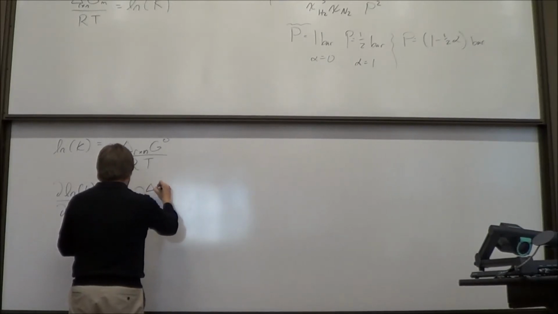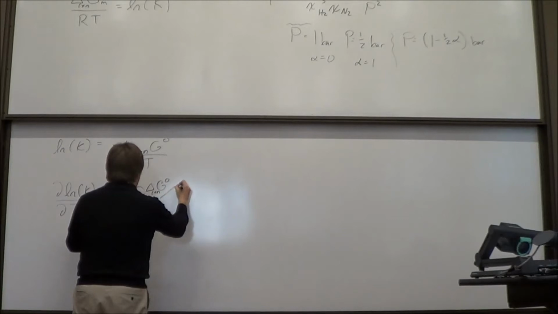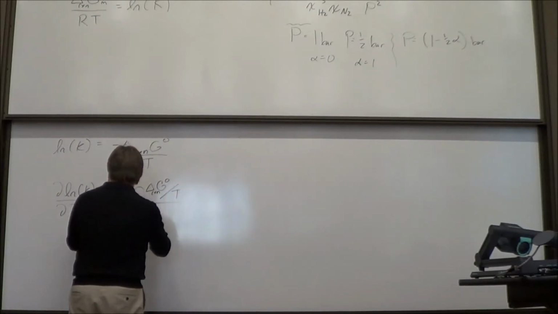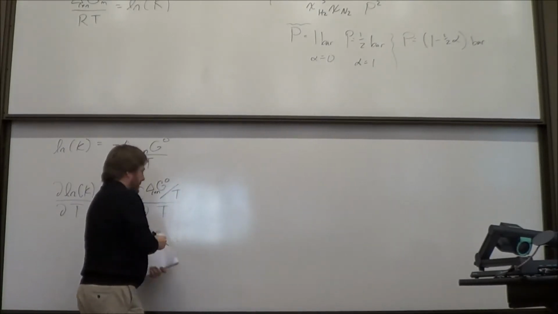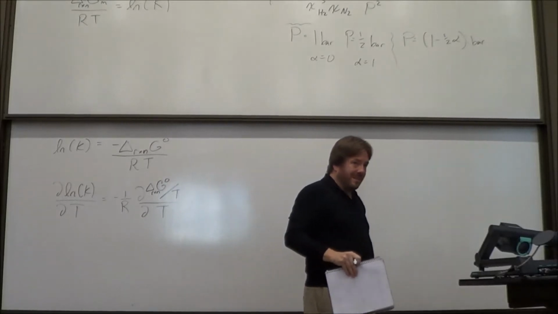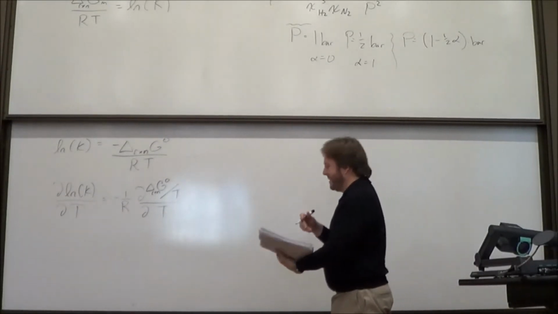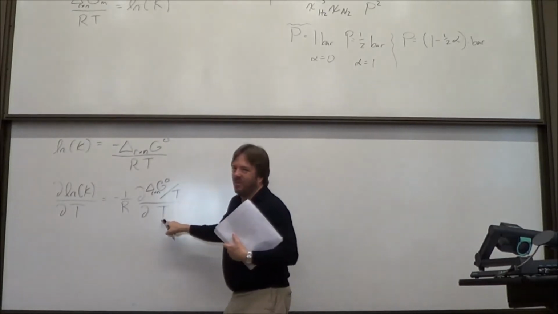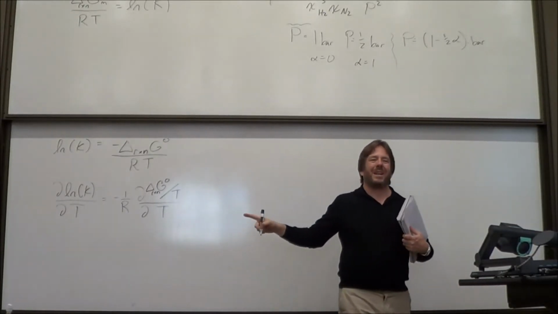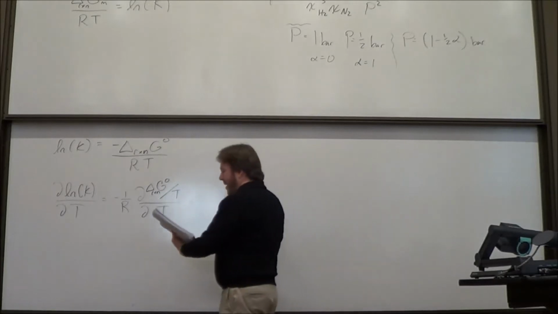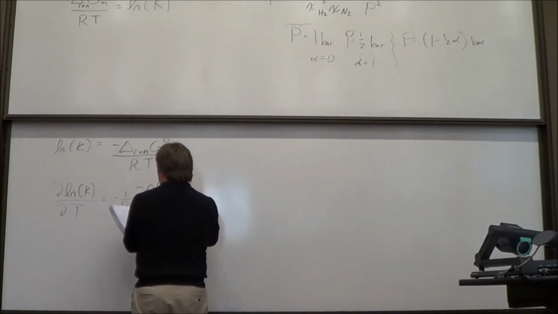So then I do the derivative of delta G over T with respect to T. Look familiar? Yeah, Gibbs-Helmholtz, right. I told you it's going to come back a zillion different ways. We're going to spend all day doing Gibbs-Helmholtz equations when we do colligative properties.